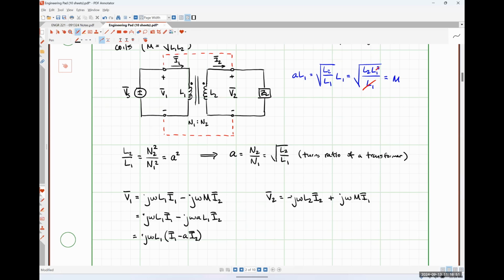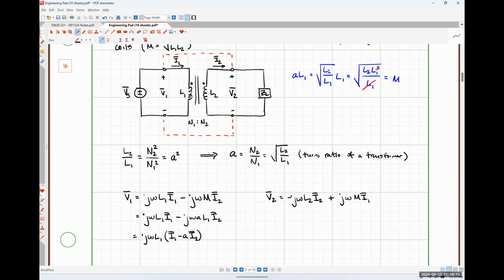We already know that M can be written as A times L1. Let's play around with things yet again and figure out how we can write L2 in terms of L1.